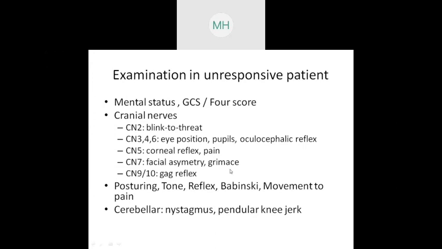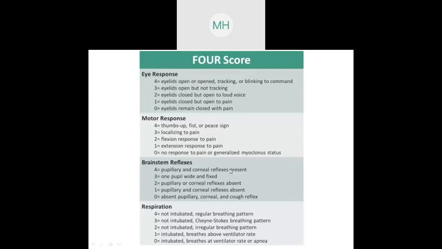Okay, so you just do all this, and then the rest is posturing, tone, reflex, Babinski, movement to pain, to look for motor, reflex, and also sensation. And cerebellar signs, you can see from pendular knee jerk or nystagmus. Okay, this is the FOUR score. Eye and motor are the same. It's just that you have brainstem reflex and respiration. They add those in place of verbal.